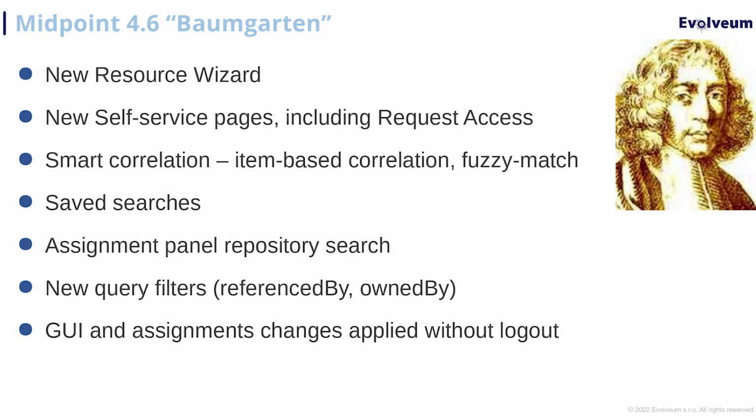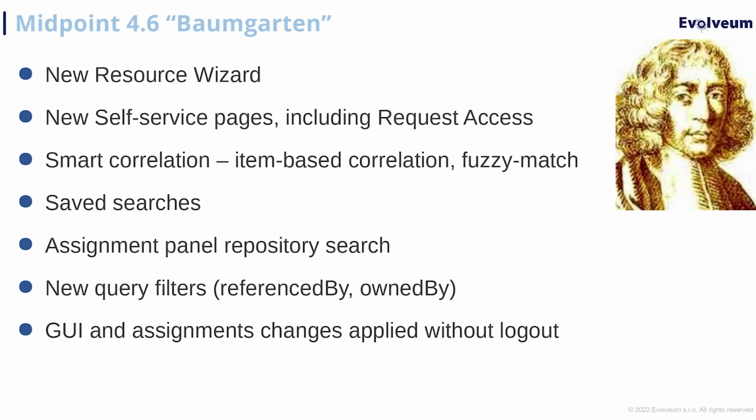And with that, I believe we covered most of the new additions made in MidPoint 4.6, which is the new resource wizard. All the self-service pages were reworked completely, including request access.